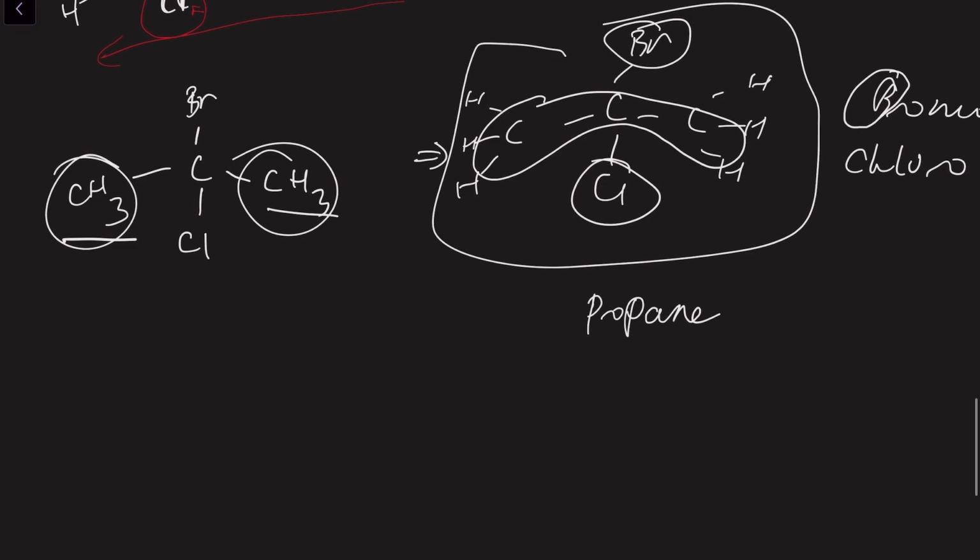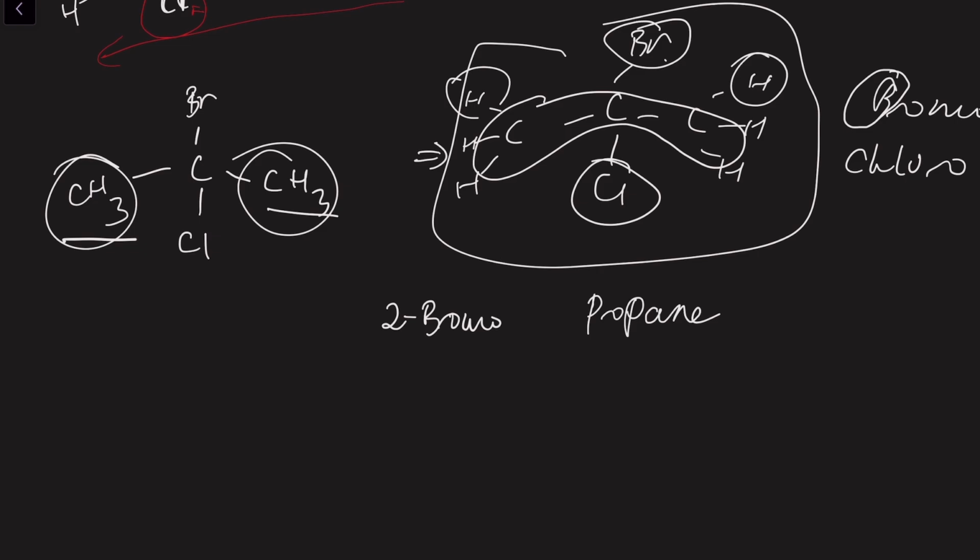So let's name this. So the bromine is on the second carbon atom, and we need to indicate this position, because we don't really know where the bromine can go. Maybe it can go to here or here. You never know, so you need to indicate the position number. So 2 bromo.